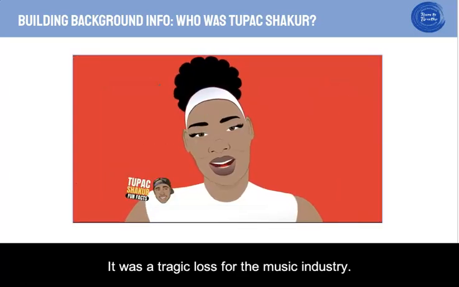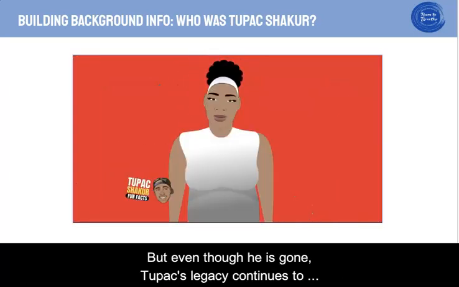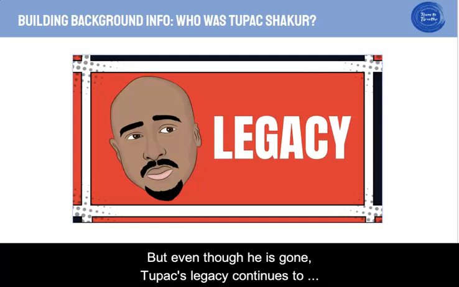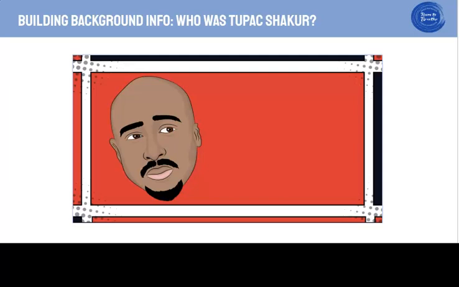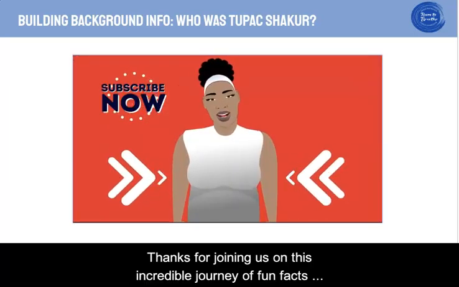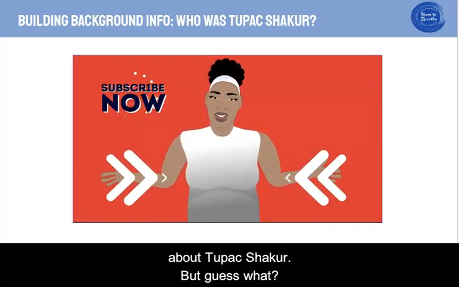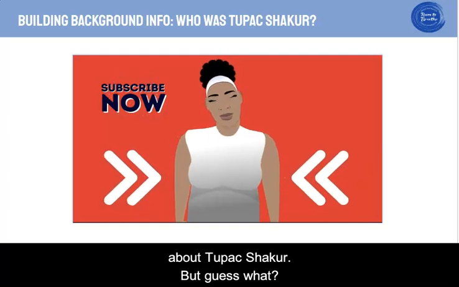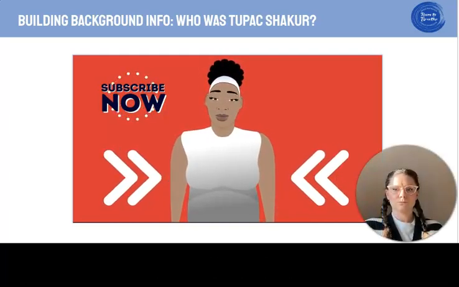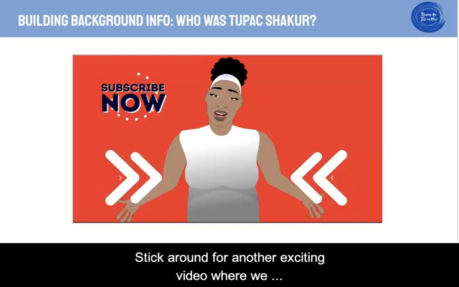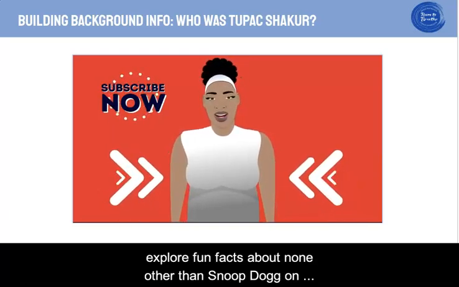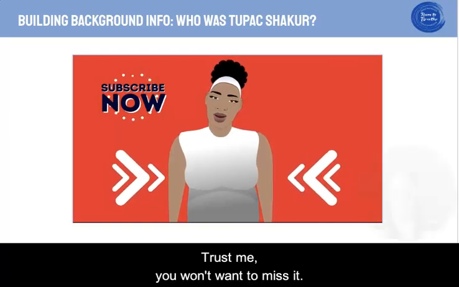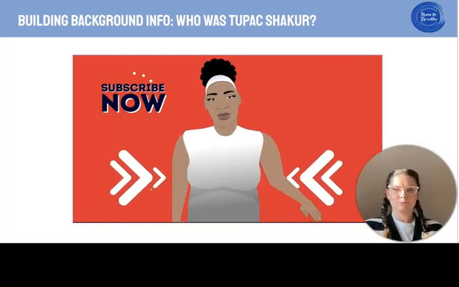It was a tragic loss for the music industry, but even though he is gone, Tupac's legacy continues to inspire people around the world. Thanks for joining us on this incredible journey of fun facts about Tupac Shakur. But guess what? The fun doesn't stop here. Stick around for another exciting video where we explore fun facts about none other than Snoop Dogg on Fresburg Cartoon. Trust me, you won't want to miss it.